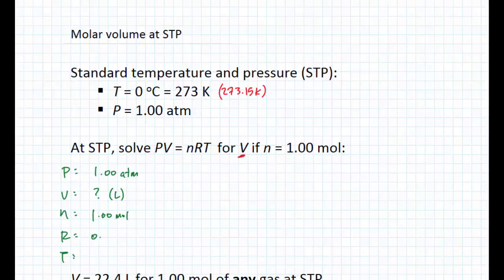R is a constant, 0.08206 liters, atmospheres, moles, Kelvin. Temperature, 273.15 Kelvin. Okay, so if we solve this for V, this is a hypothetical.